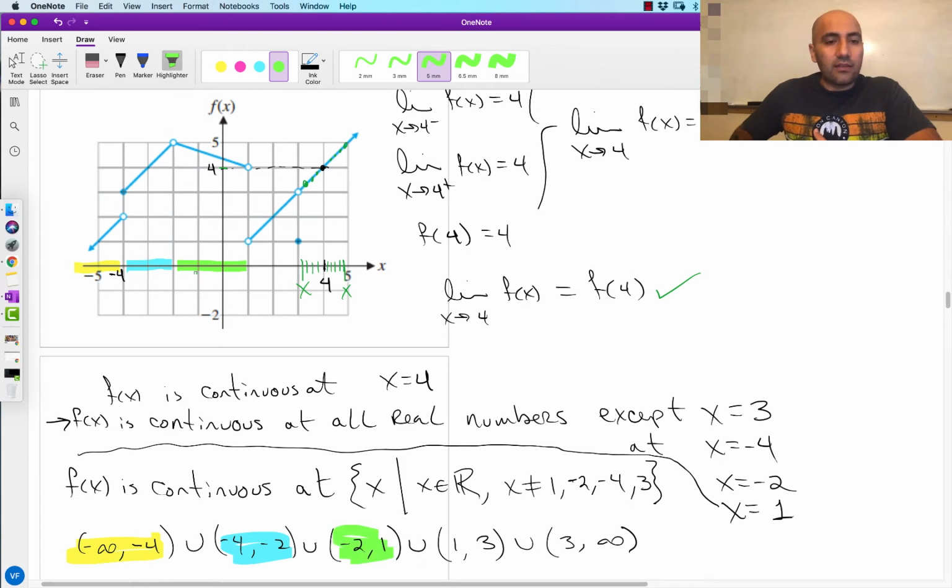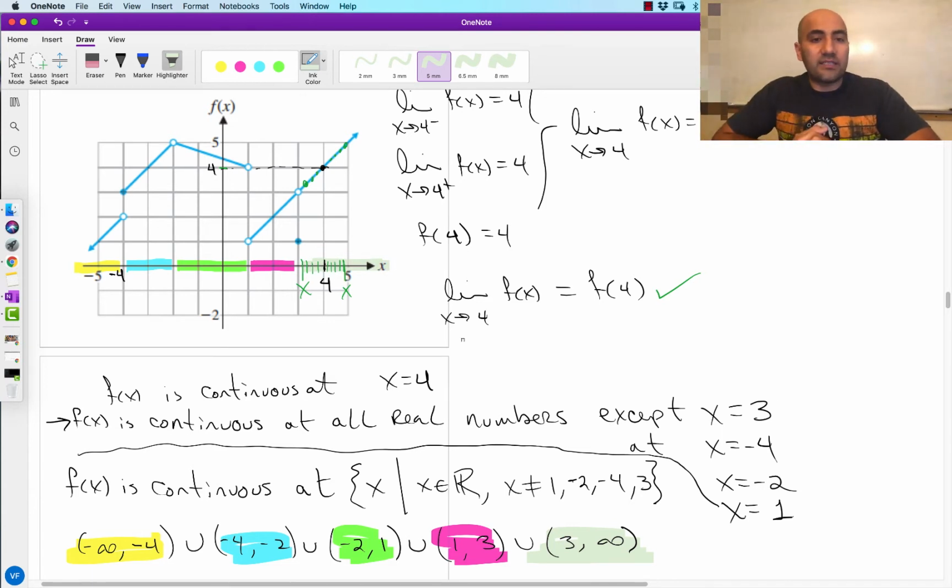All the values in that little interval are continuous. And then from +1 to 3, it's continuous in between there for any value in there. And finally the last segment says from 3 all the way out to +infinity, it's also continuous there. Okay, so different ways of expressing the same thing, but hopefully that makes sense.